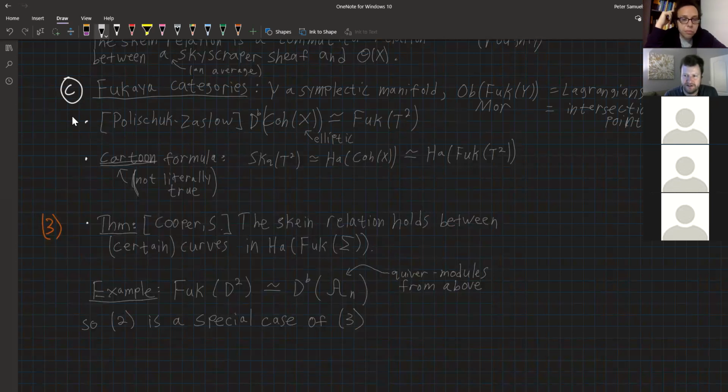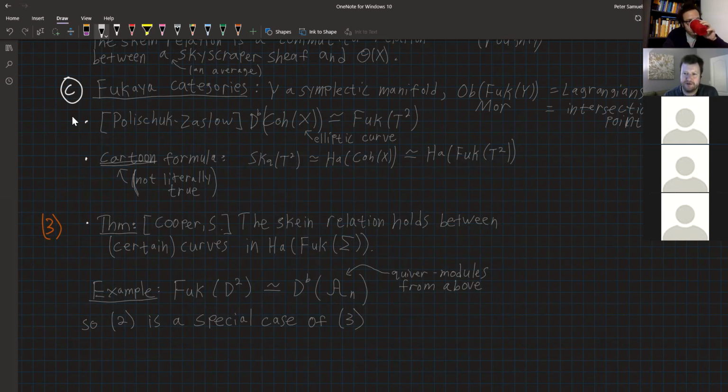So I want to draw a very cartoon formula. This formula is not literally true, but is some motivation. The Skein algebra of the torus is essentially the same thing as the Hall algebra of coherent sheaves over an elliptic curve.